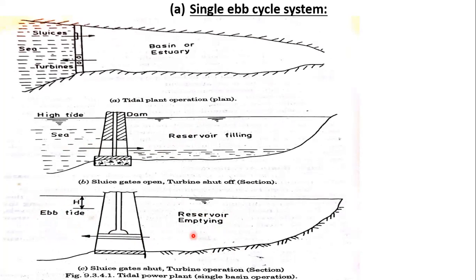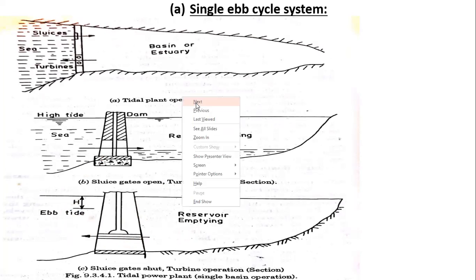So when you allow the reservoir water again to the sea level, the turbine will be running here. After emptying the reservoir, it is stopped because this high tide will have a pressure on the turbine. So the turbine will be stopped. This is the single ebb cycle system.